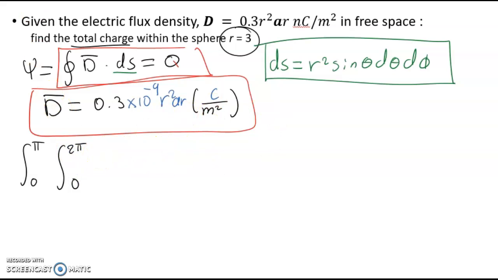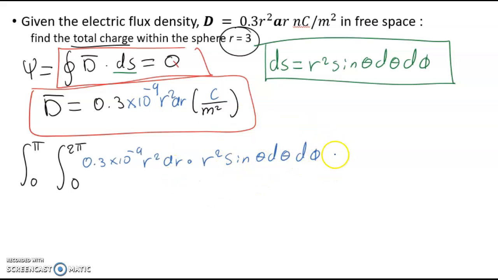We replace the values: our flux density is 0.3 times 10 to the minus 9 r squared a_r, dot product r squared sine of theta d theta d phi.